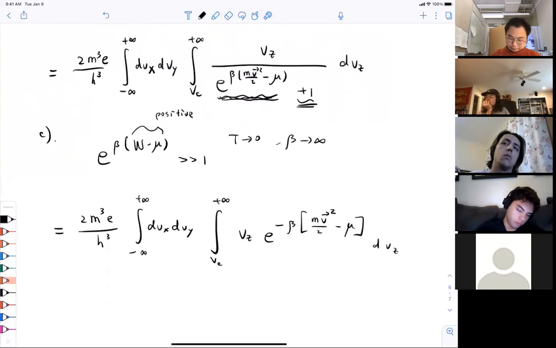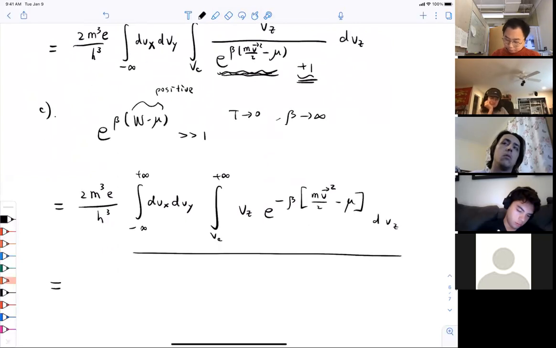This integral we can do, and due to the time limit, I will just write down the result. It's just a Gaussian integral, right?